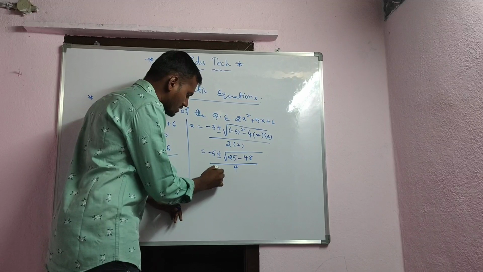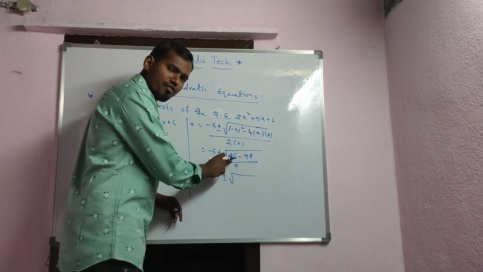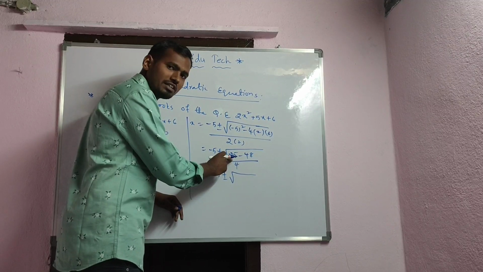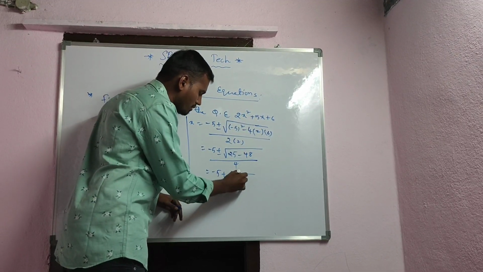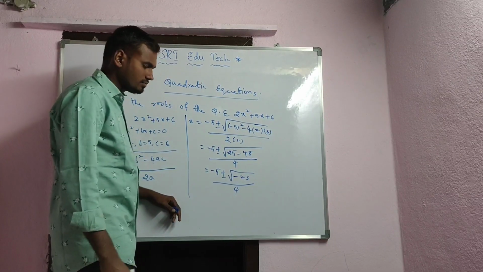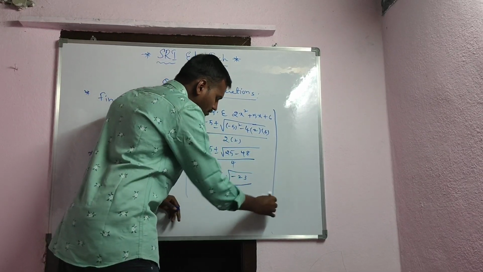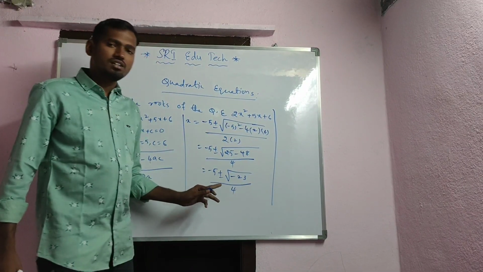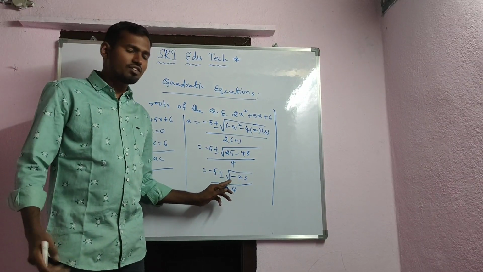See, minus 5 plus or minus under root of 48 minus 25. How much? 23. Right? You have the bigger number having the minus symbol, so you have to write minus 23 by 4. Okay? See here, in this you have plus or minus, so first you have to write plus, then after you have to write minus.